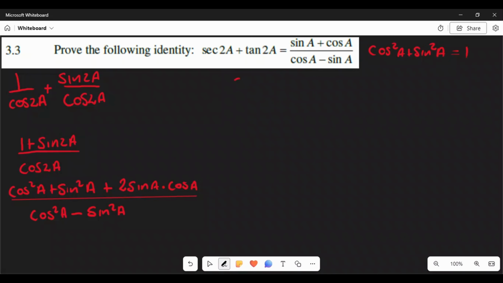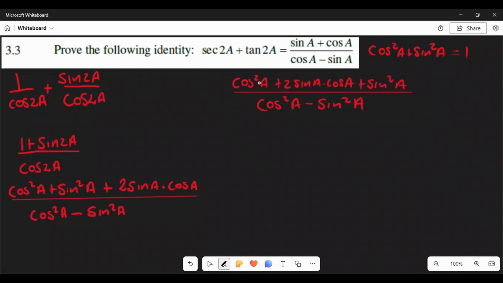Let me just write it here. We can say cos squared a plus 2 sine a multiplied by cos a plus sine squared a, divided by the following that is here, guys, which is cos squared a minus sine squared a.